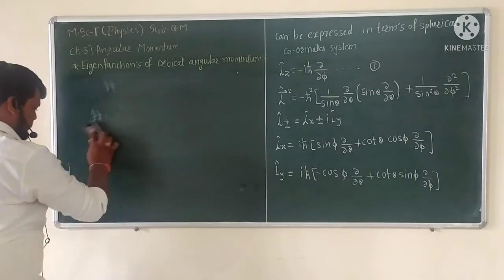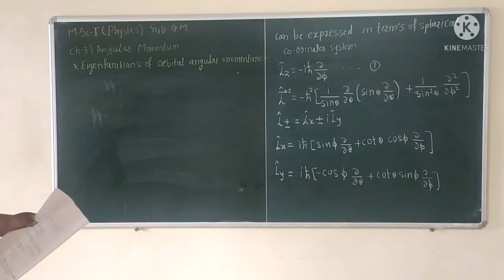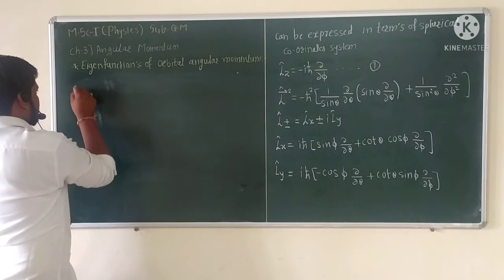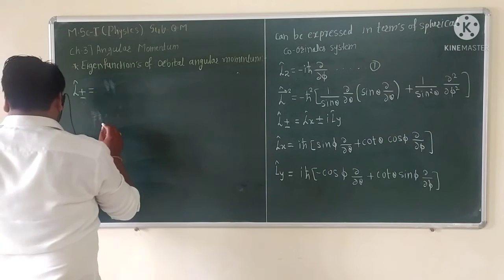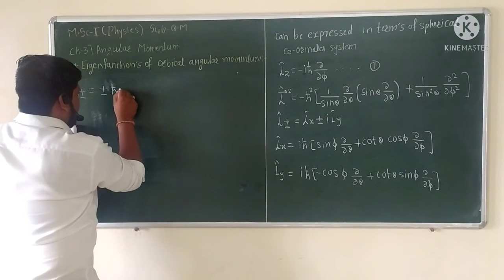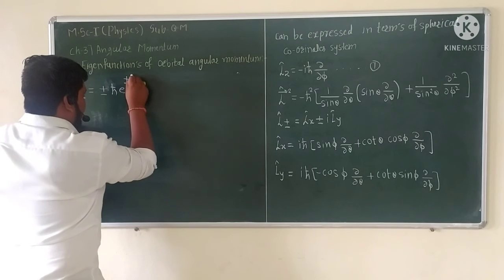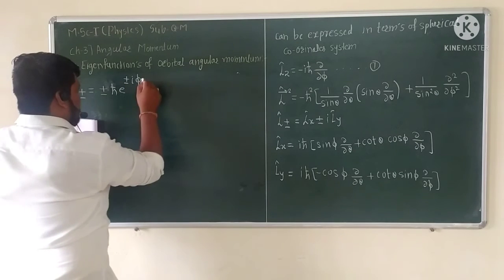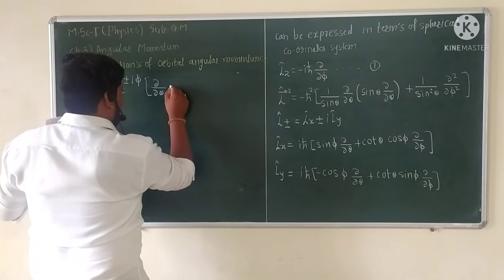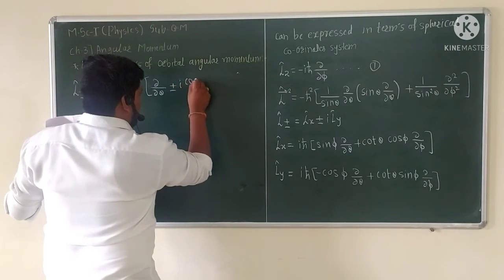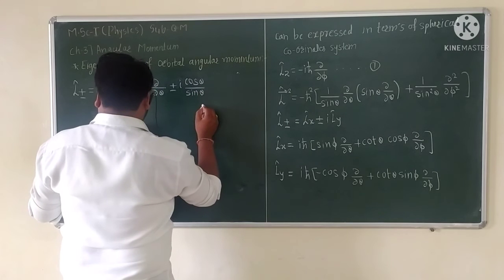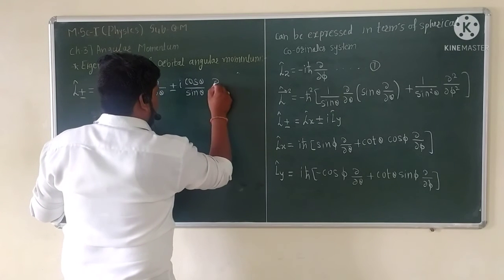So if we add these two components, we can directly express L plus or minus cap as plus or minus h cross e to the power plus or minus i phi, into dou by dou theta plus or minus i cos theta divided by sin theta into dou by dou phi.